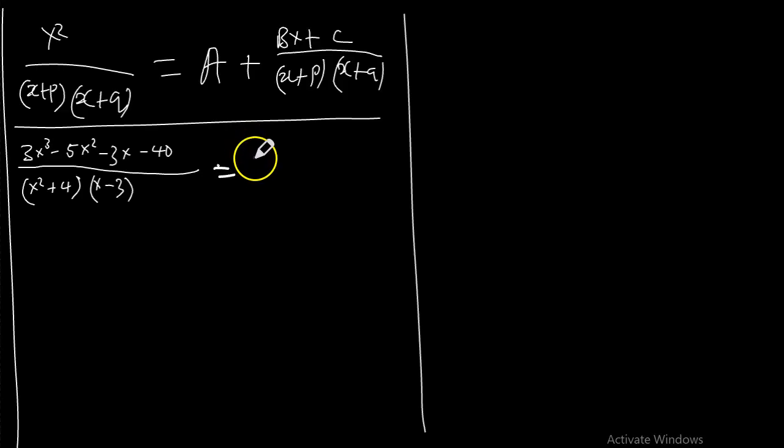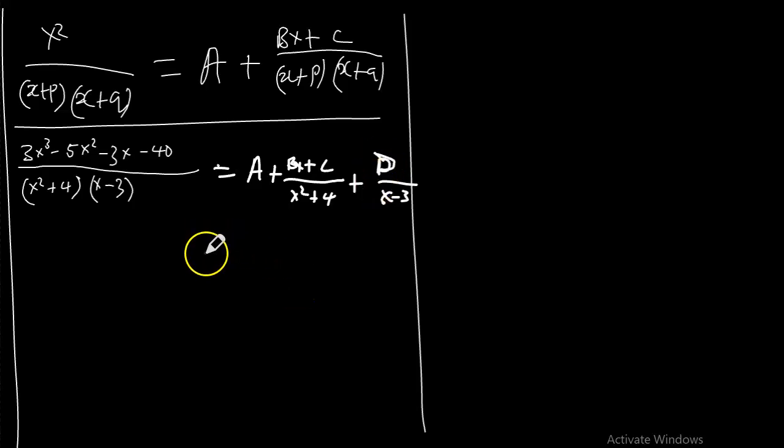Just like what we have here, A plus bx plus c divided by x squared plus 4, but this is a cubic function, so we are going to have d divided by x minus 3. This is d.